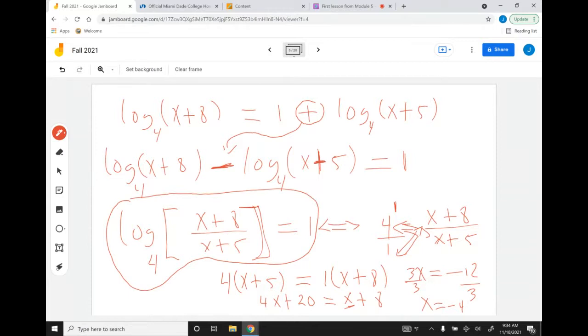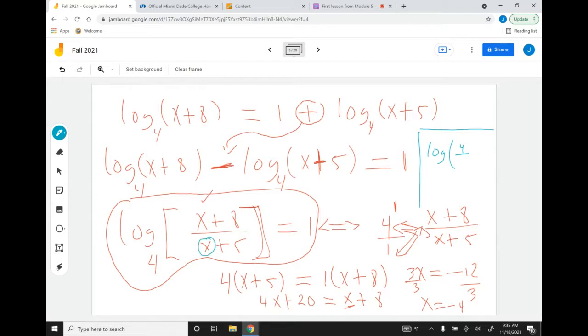I'm going to replace x with negative 4. So let's do this. Negative 4 plus 8 is 4. I'm going to have, let's do this in a different color, log of 4 over 4.